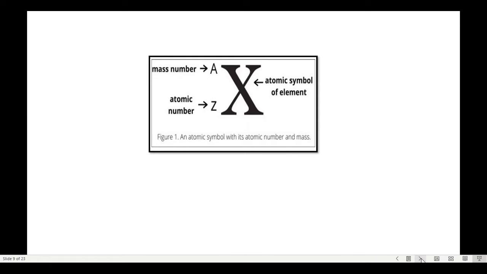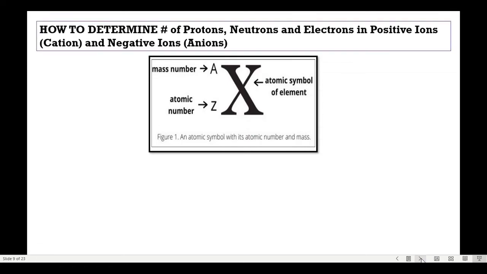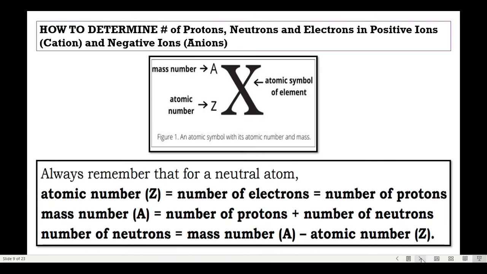Now, we have here figure 1, an atomic symbol with its atomic number and mass. Now, how to determine the number of protons, neutrons, and electrons in positive ions, cation yung tawag doon, and negative ions. So, this is the formula for a neutral atom. For the symbol X, remember that that is the symbol of the element.